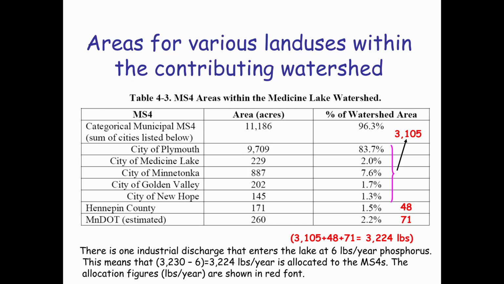They could also come up with some other scheme to divvy up that total load that's required to be handled. So the idea would be that each of the cities would be responsible to reduce their load so that they're not contributing more than the amounts that are given here.